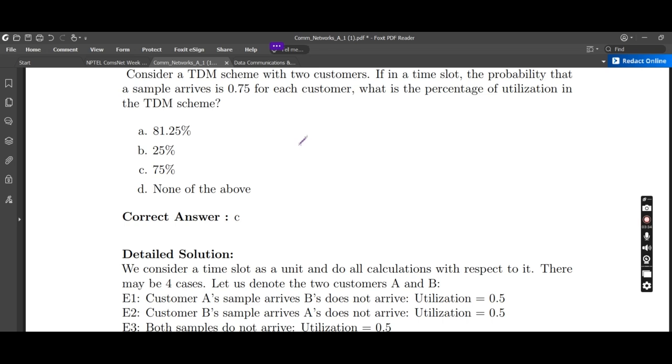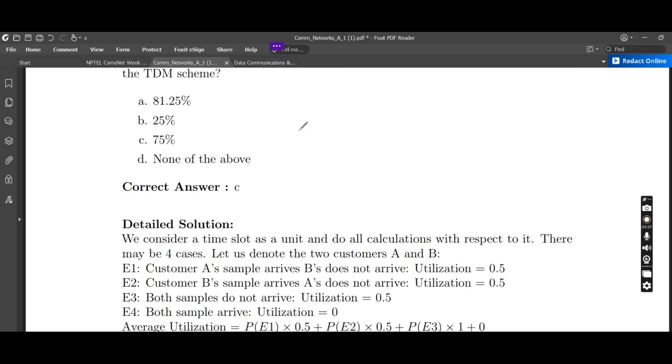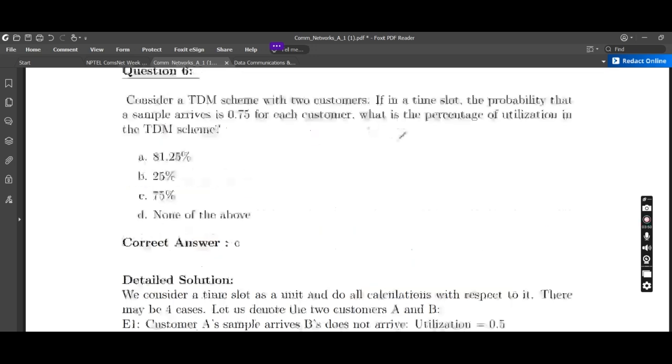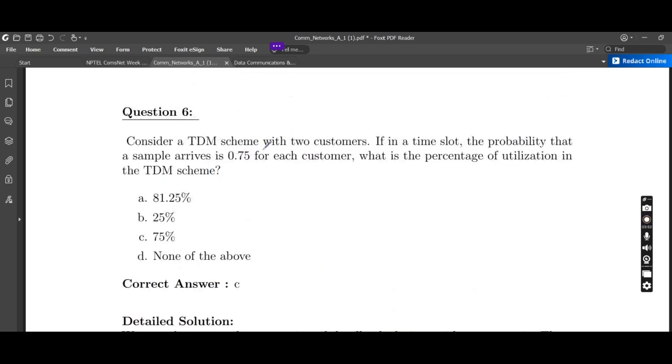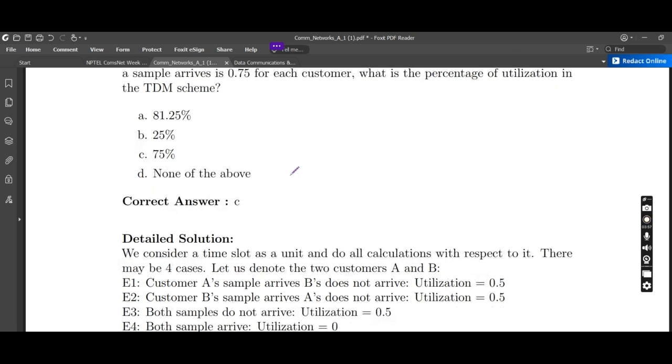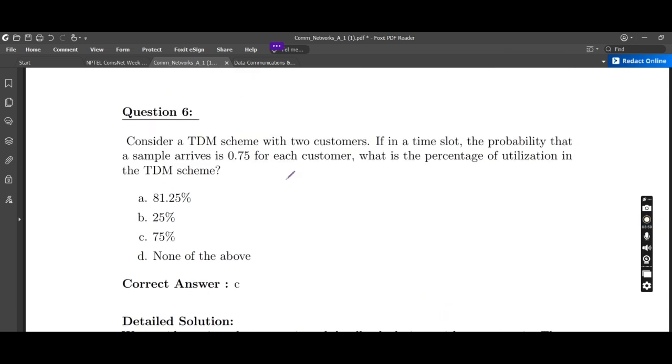Only in the case that both samples arrive, since there is a TDM, can they accommodate both customers. If both customers do not have packets to send, there will be no utilization.